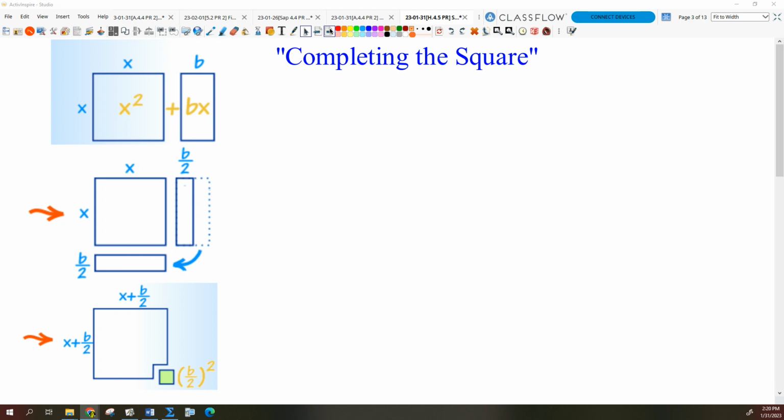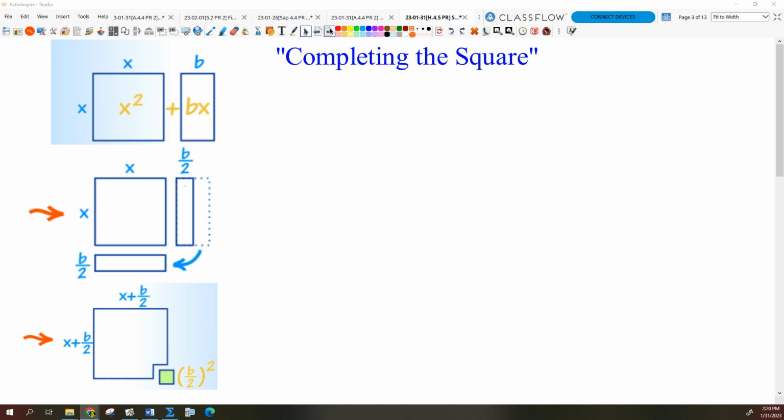All right, so remember these pictures? A little bit. Let's take another glance at these, to remind ourselves how completing the square works conceptually. If I've got two areas, one of them is a square, x by x, and one of them is a b by x rectangle, then the sum of the areas would be x squared plus bx, right?